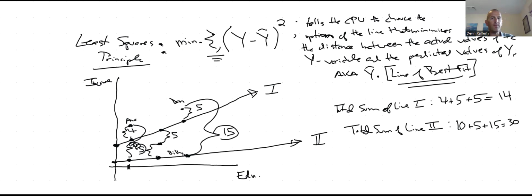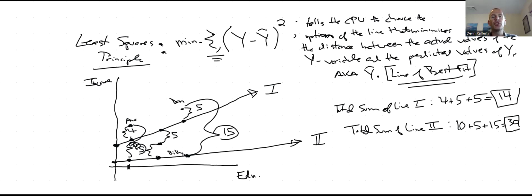So in other words, the total amount of space between line 2 and the actual amount of income that Dan, Billy, and Anna are making, the total distance for line 2 is 30 spaces. The total space for line 1, between the actual and the predicted values of line 1, is only 14.